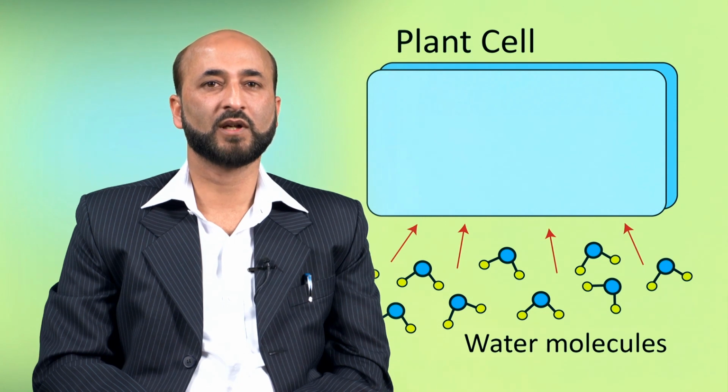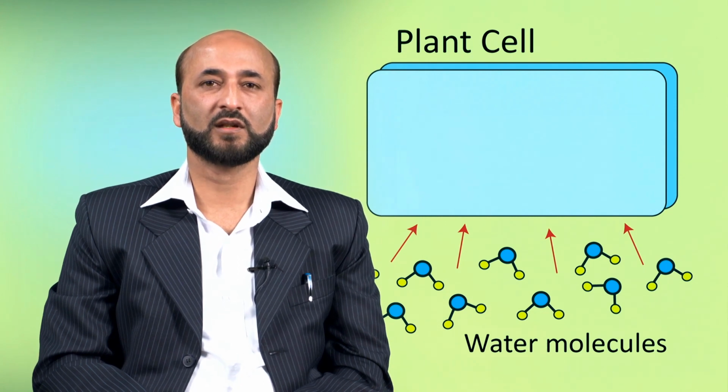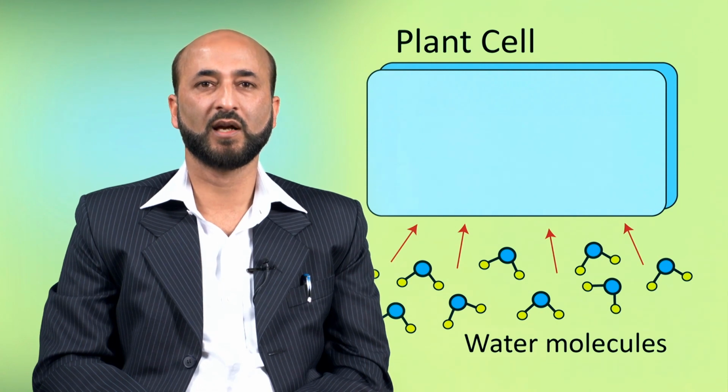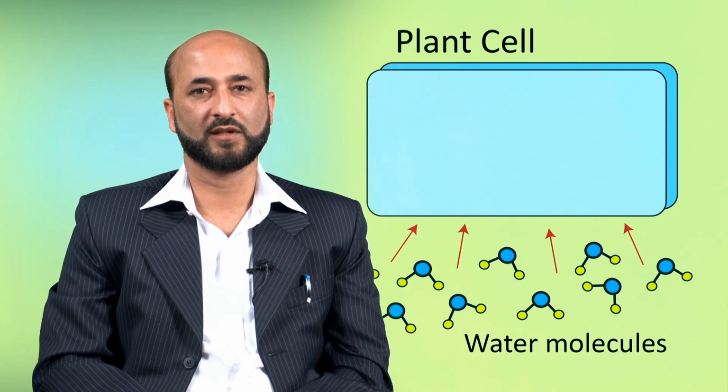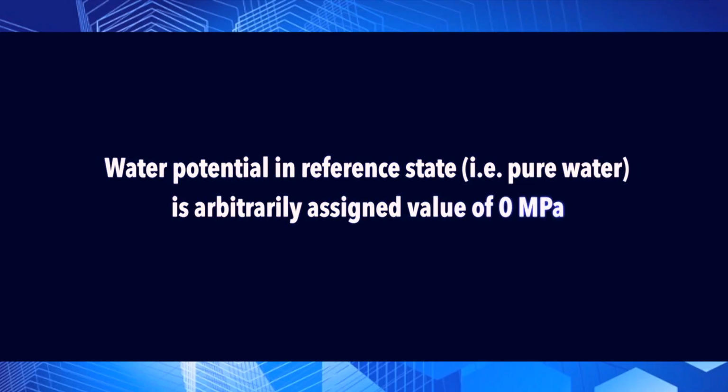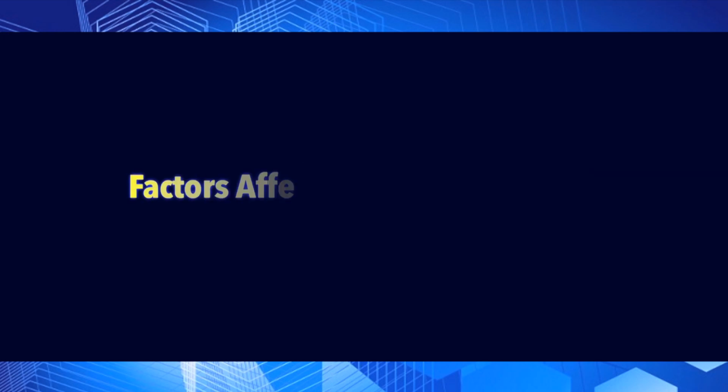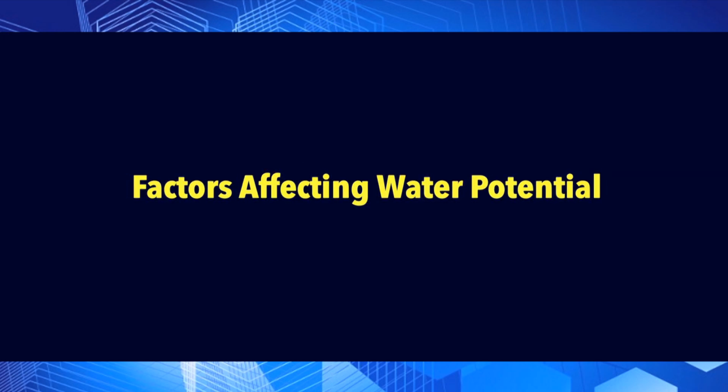In case of water, the reference state is pure liquid water at atmospheric pressure and the same temperature as the system under investigation. Water potential in the reference state, that is pure water, is arbitrarily assigned a value of 0 megapascals.